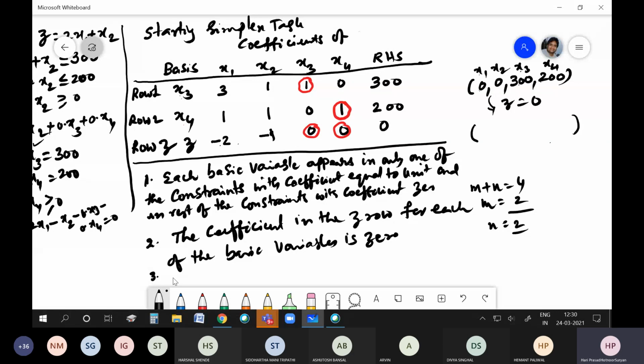The entering variable. That means which variable should enter the basis.